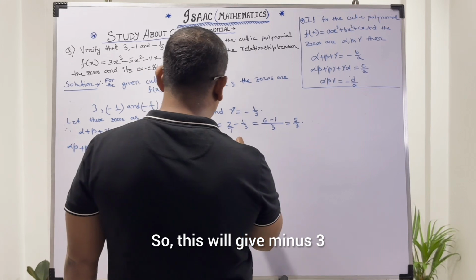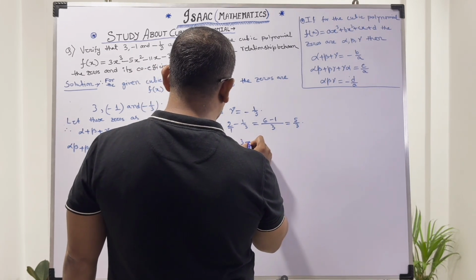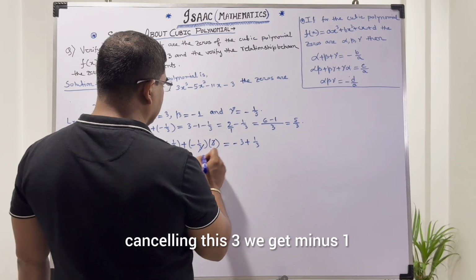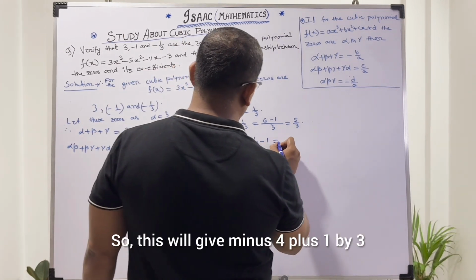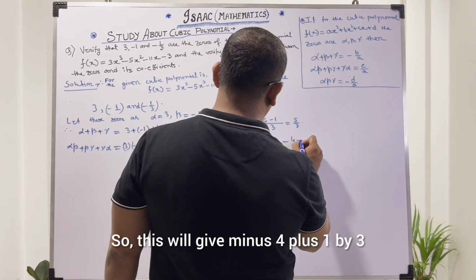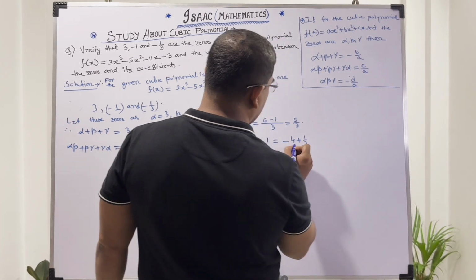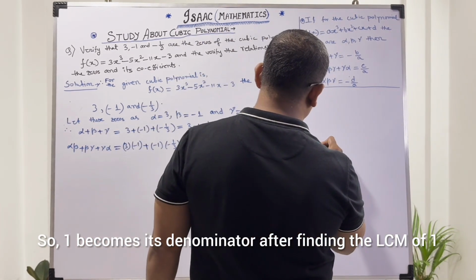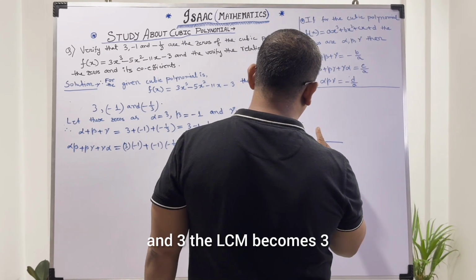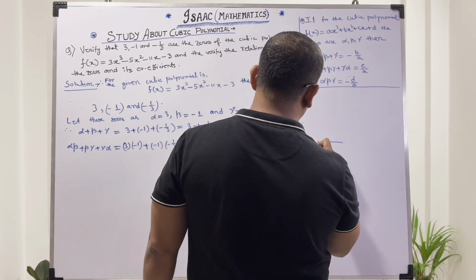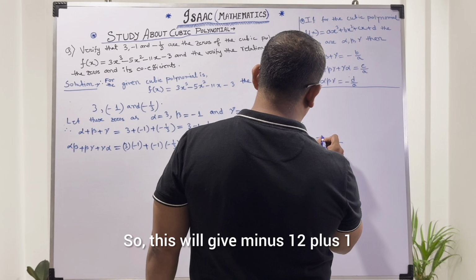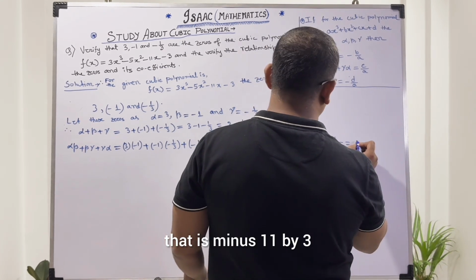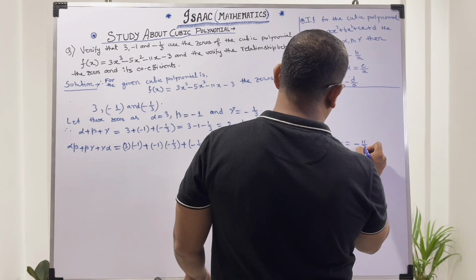So this will give minus 3 plus 1 by 3, cancelling these 3 we get minus 1. So this will give minus 4 plus 1 by 3. So 1 becomes its denominator. After finding the LCM of 1 and 3, the LCM becomes 3. So this will give minus 12 plus 1, that is minus 11 by 3.